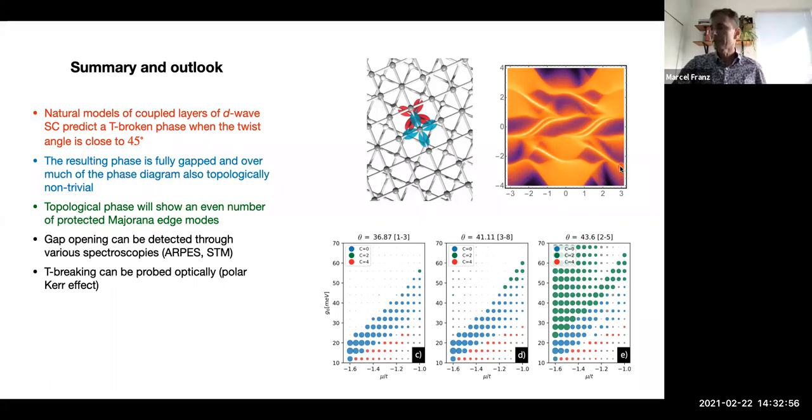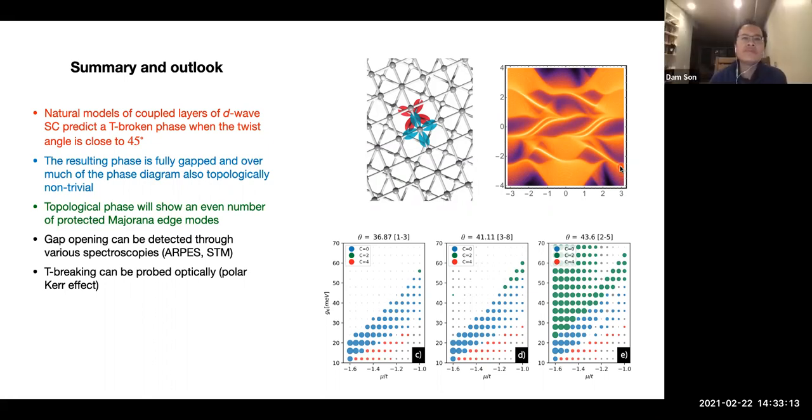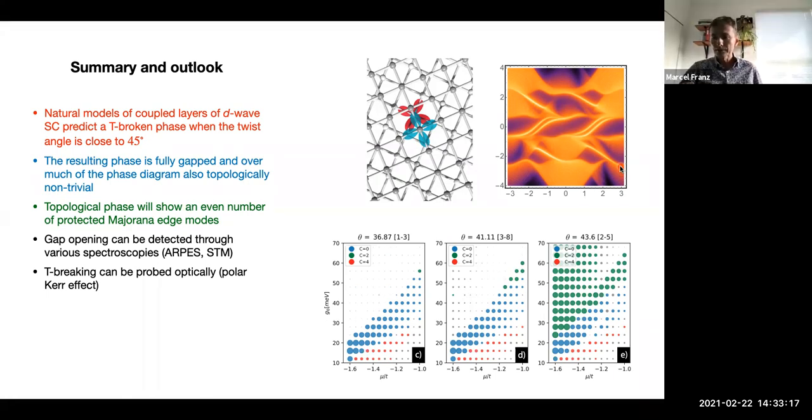If there is any mirror plane left, then again it's quantized to 0. So you have to have sufficiently low symmetry in your system, which these twisted samples do have, because once you go to this D plus iD phase, then all mirror and of course time reversal are also broken.